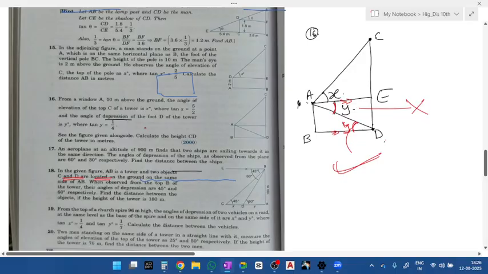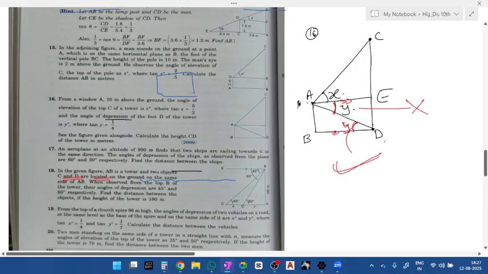Next, what else is given? From a window A 10 meters above the ground, the angle of elevation of top C. So what is the distance between E and C, students?